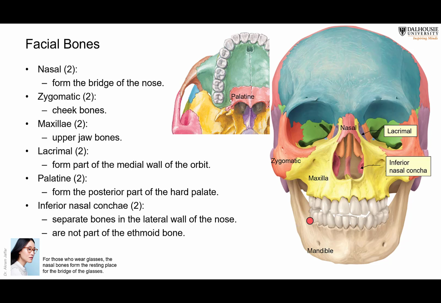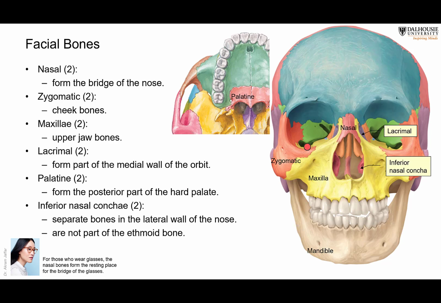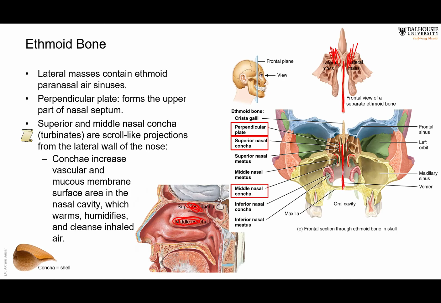And the other bone of the face is the mandible, which, as I said, articulates with the temporal bone at the temporomandibular joint. And there is another bone here, which is called the inferior nasal concha. If you remember, a few minutes ago, when I was mentioning the superior and middle concha, I omitted this.